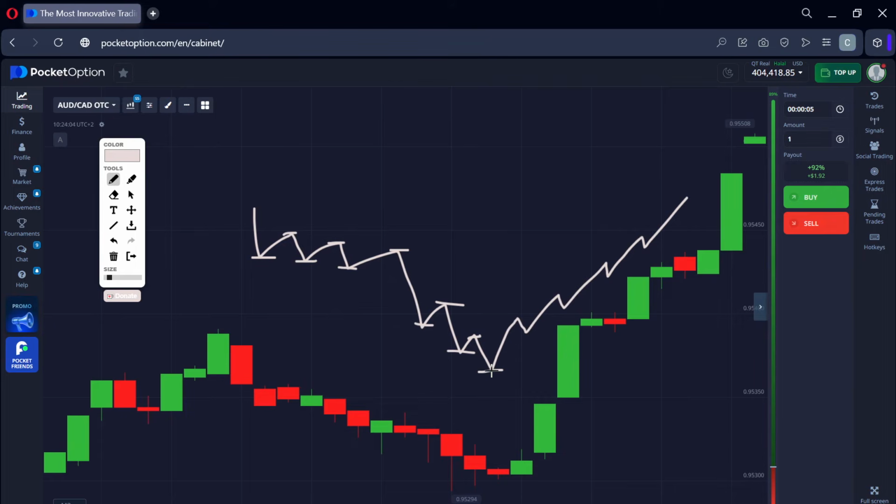But then what happens is it now forms a higher high. Remember, when it's a lower high and a lower low and then a lower low is formed, if it changes into a higher high, right, because now this is obviously indicating the start of an uptrend, we can actually change and now predict that the price is going to go up or the price is going to go down. So let me show you a couple examples here real quick.